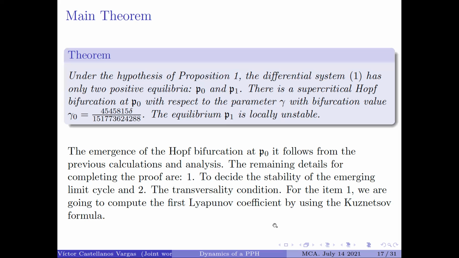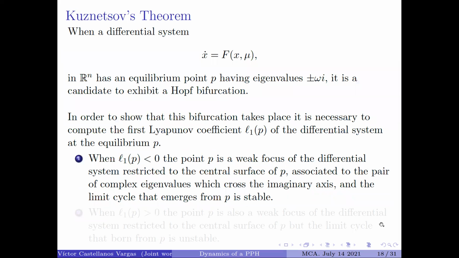The remaining details for completing the proof are: 1, to decide the stability of the emerging limit cycle, and 2, the transversality condition. For item 1, we are going to compute the first Lyapunov coefficient by using the Kuznetsov formula. The Kuznetsov formula is the next.